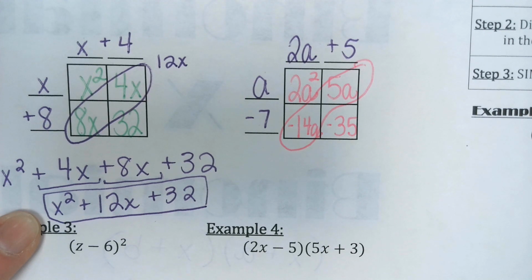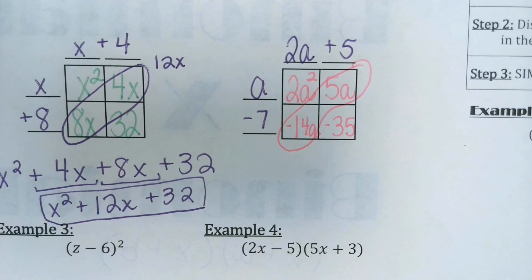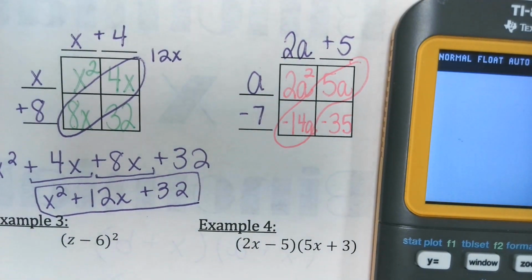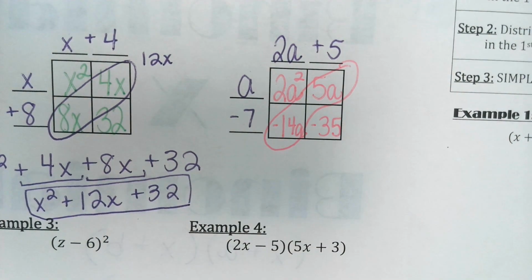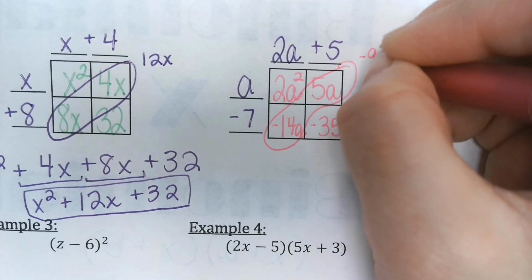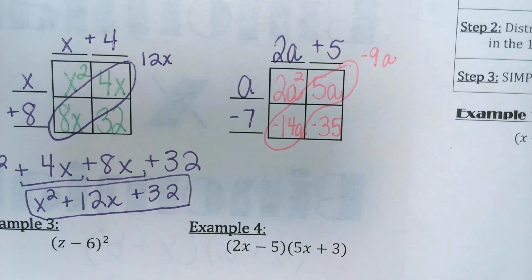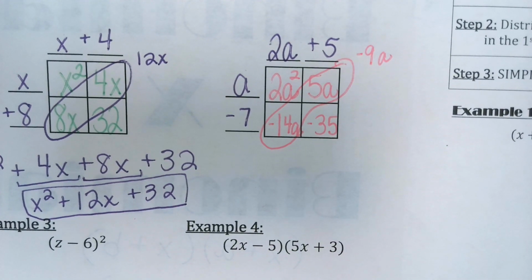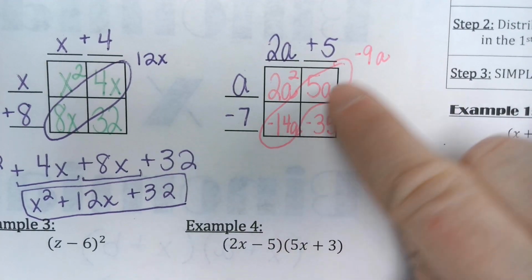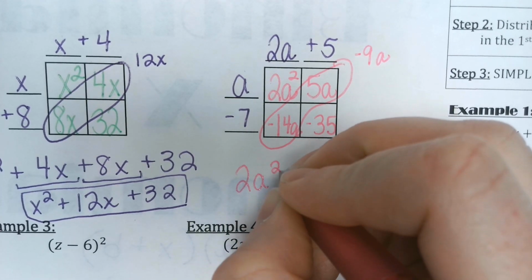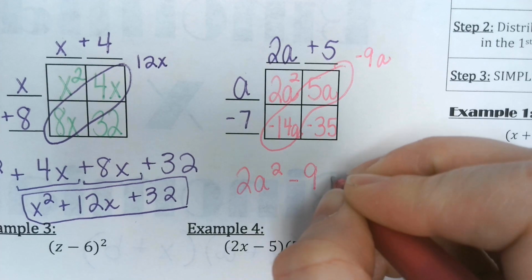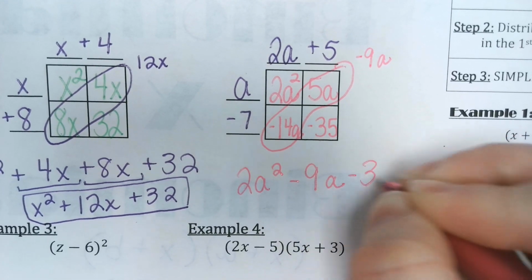Negative 14a plus 5a, in your calculator, negative 14 plus 5 is negative 9. So negative 9a is these two combined. So we have 2a squared minus 9a minus 35.